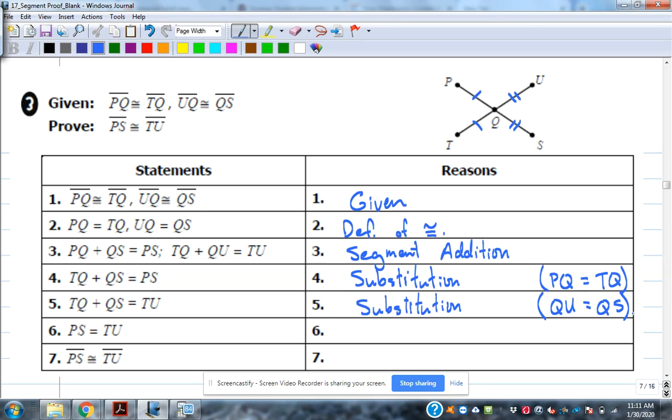We had that in step 2. That was where they were getting that from. All right. Now, number 6, they jumped to PS is equal to TU. Well, that would be transitive, right? Because we're taking these two things are equal to 2 different things. So that's 3 pieces. And now we can cut out the middleman and get PS equals TU. So that's a transitive.